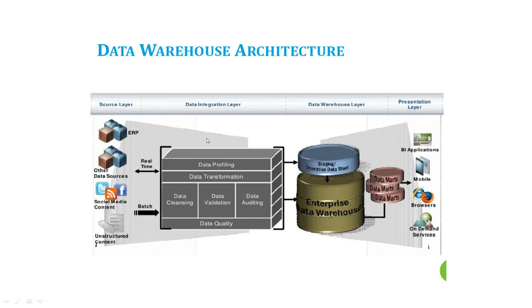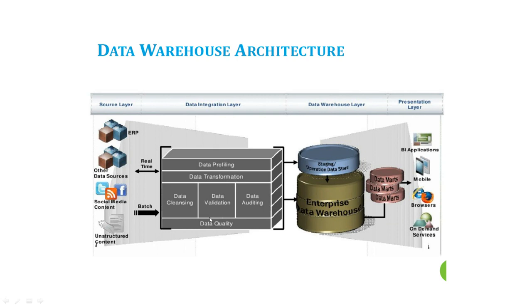In the data integration layer, we take the data like real time and batch processing. Here the QA environment is there. In some environments, we have ETL logic first, then we go for the QA. But in some environments, we have QA and then we go for the ETL logic. Here we do data profiling and data transformation.